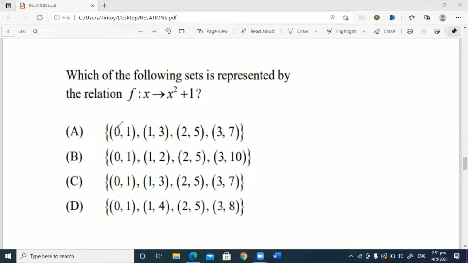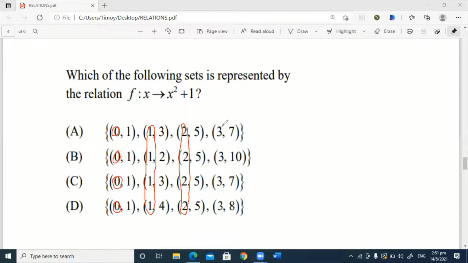If we look at option A, they start off with 0. They start off with 0 for option B, 0 for option C, 0 for option D. When you look at the second one that comes, all of them are 1. All of them are the same. So you can see that all the x components are the same, right?